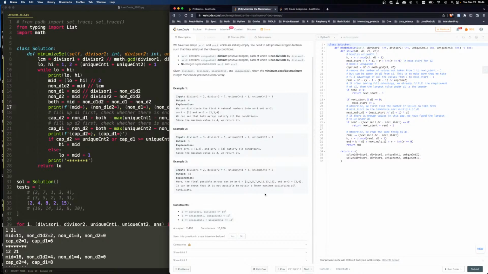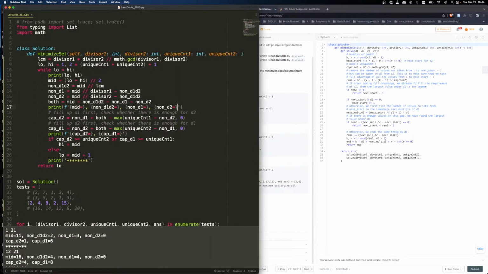So with this, non D1 D2 is 2. So can we get them both? Yeah, I want to have every single piece. So both capable is 6, right? So if we write it out, 1, 2, 3, 4, 5, 6, 7, 8, 9, 10, 11, right?